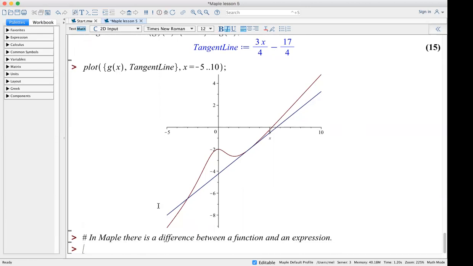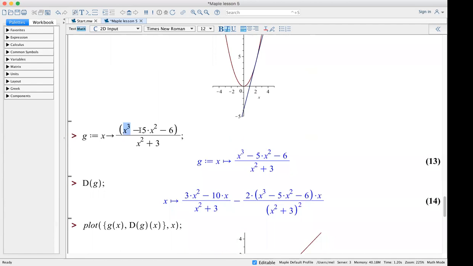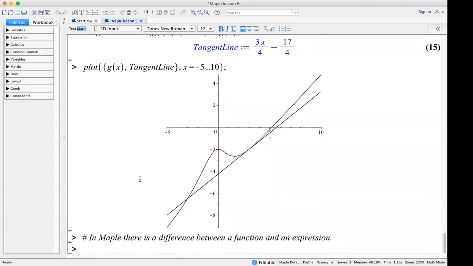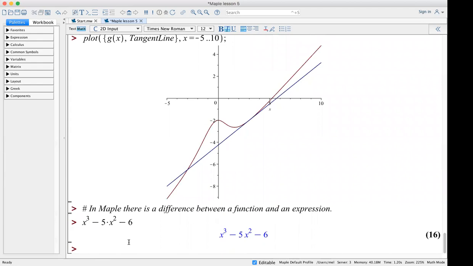So an expression is something of the form, well, let me just look at this. That's an expression. It's not a function. You can't say, what is this evaluated at 2 or 3 or some other number? It doesn't give you anything.